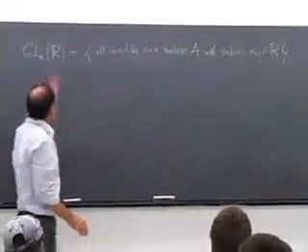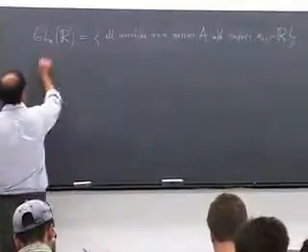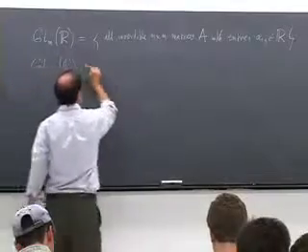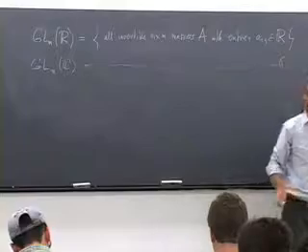You could also define other groups if you didn't want to work with vector spaces over the real numbers. You could define a group GL_n(C), which would be the same thing, where the entries of the matrix were complex numbers.